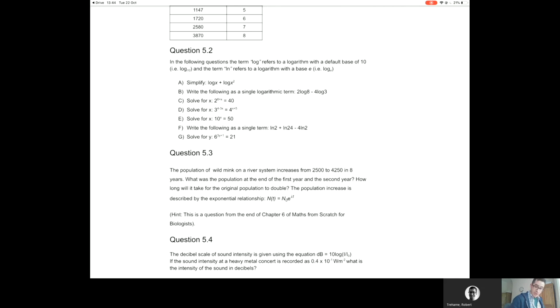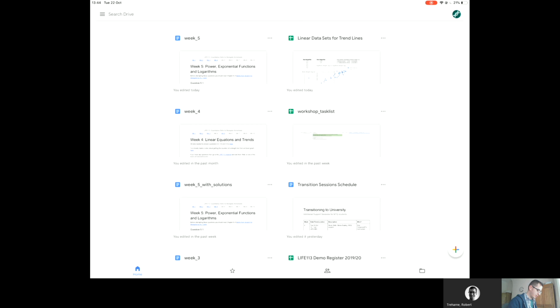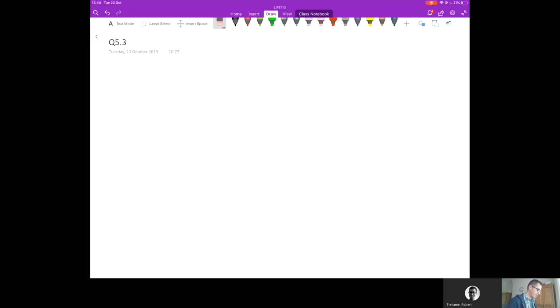So where shall I start? Let's write that equation down: Nt is equal to N0 e to the lambda t. What am I trying to calculate? Initially, how many are there at t equals 1.